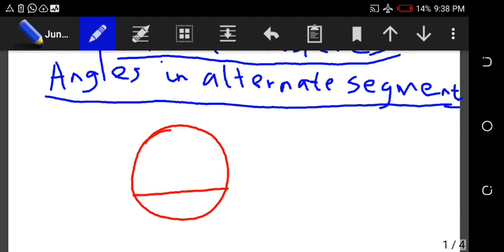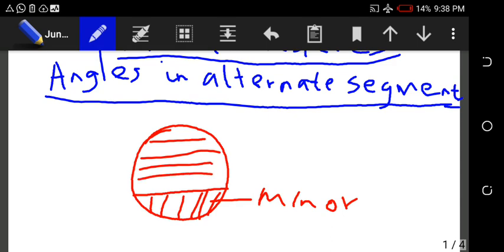We have this smaller portion here as the minor segment, and of course the bigger portion up here as the major segment. So when a chord runs from one part of the circumference to the other, that chord divides a given circle into segments, major and minor.